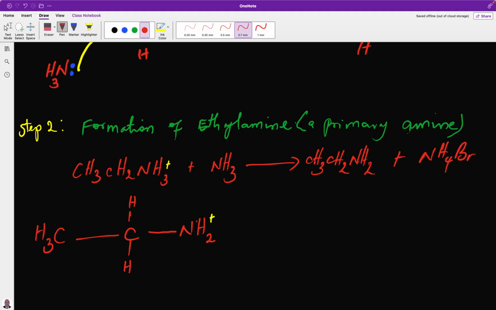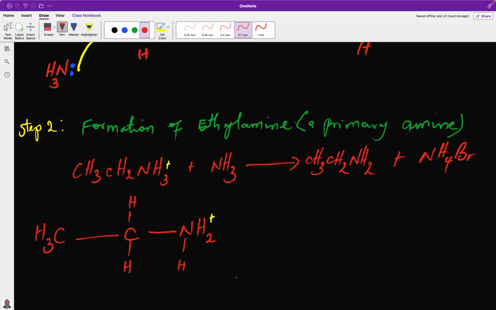It is NH2, not NH3 here, because the other hydrogen is below here. So do not be confused. This is the other hydrogen. It is NH3. So this hydrogen plus these other two hydrogens will give us NH3.